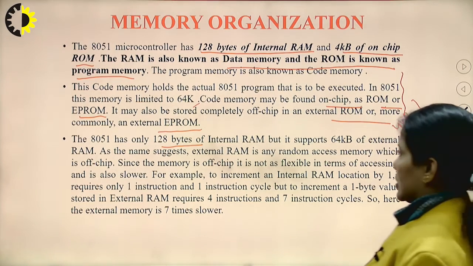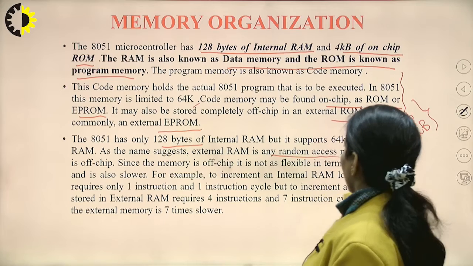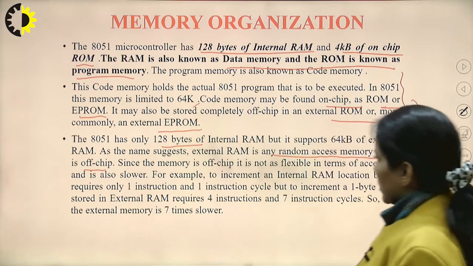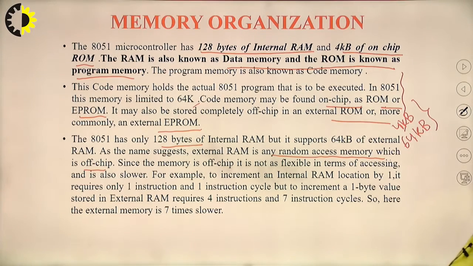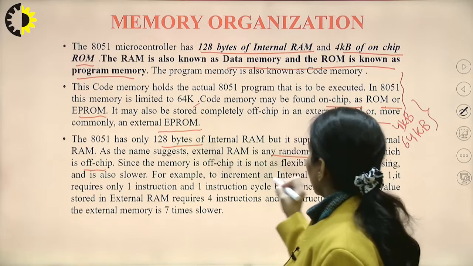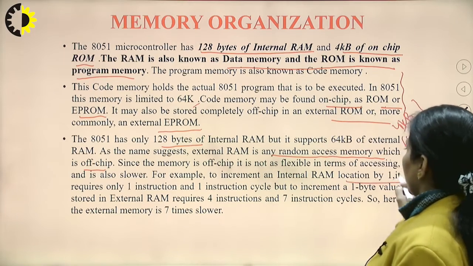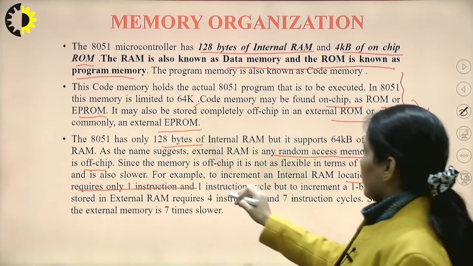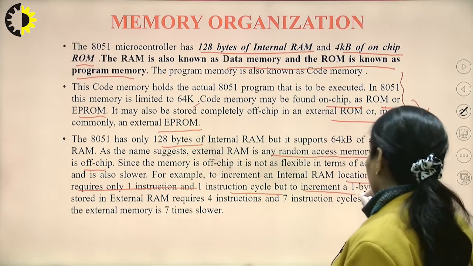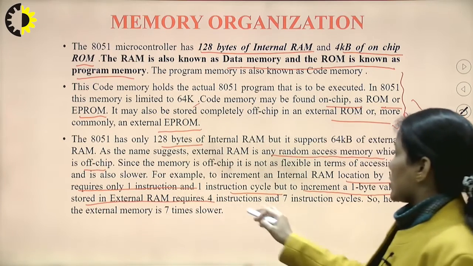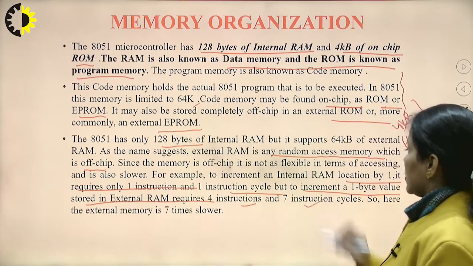As the name suggests, external RAM is any random access memory which is off-chip. Since the memory is off-chip, it is not as flexible in terms of accessing and is also slower. For example, to increment an internal RAM location by 1, it requires only one instruction and one instruction cycle. But to increment a 1 byte value stored in external RAM, we need 4 instructions and 7 instruction cycles.